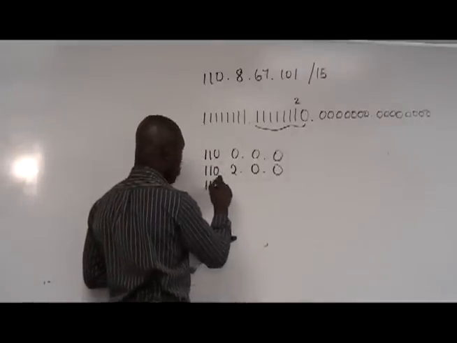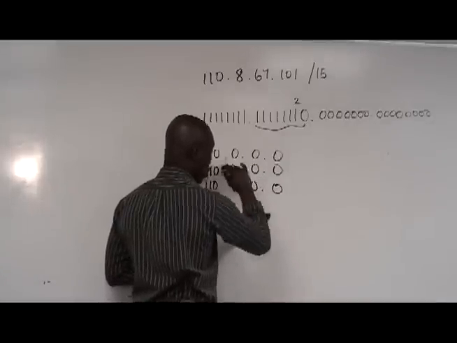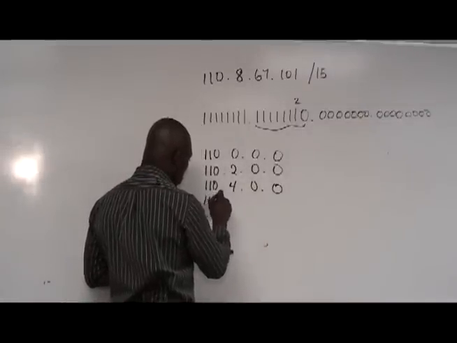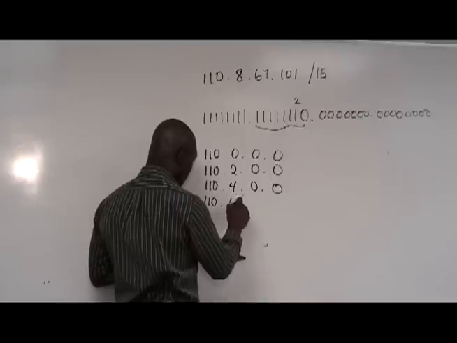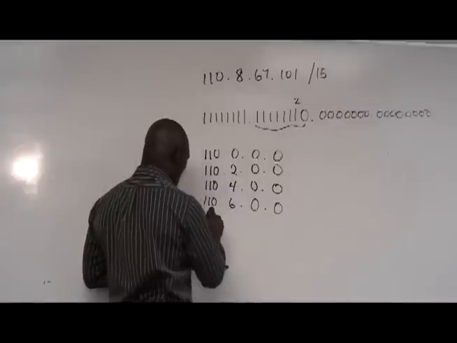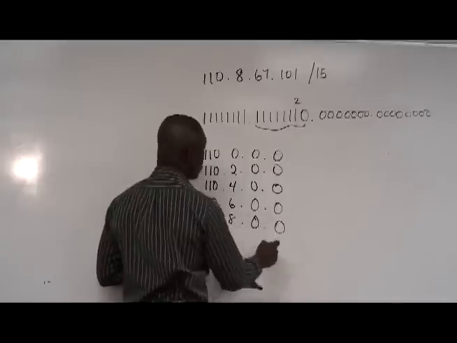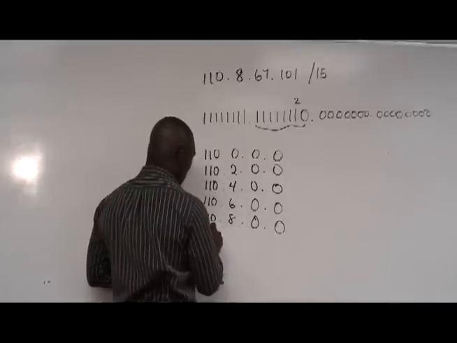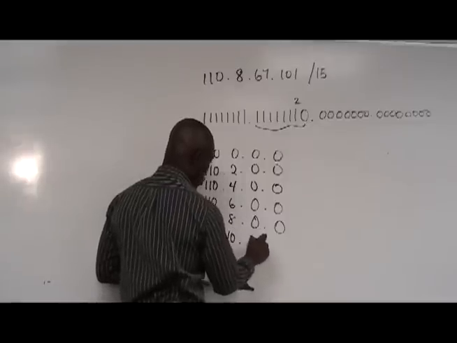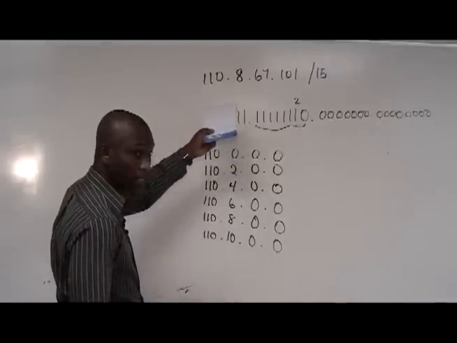The next one will be 110.4.0.0, because you're going up by 2. Then 110.6.0.0, and then 110.8.0.0. Let's do one more: 110.10.0.0.